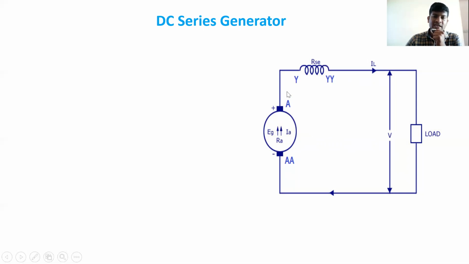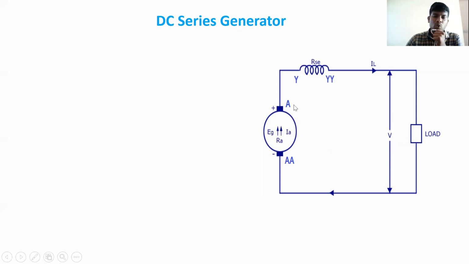That's why IA equals ISE, the series field current, and IL is the same. Then the resistances: here RA is there and here RSE is there, so RA plus RSE in series. V is nothing but the terminal voltage.